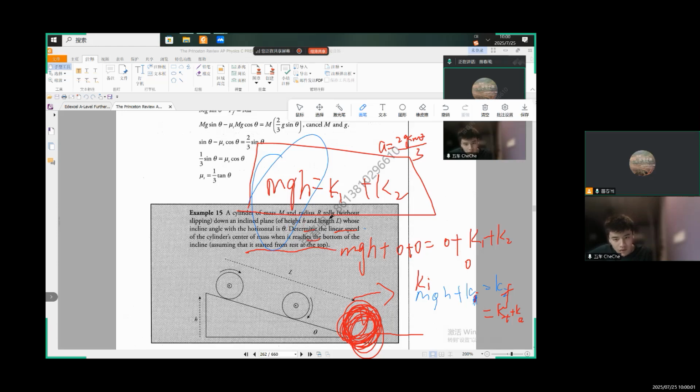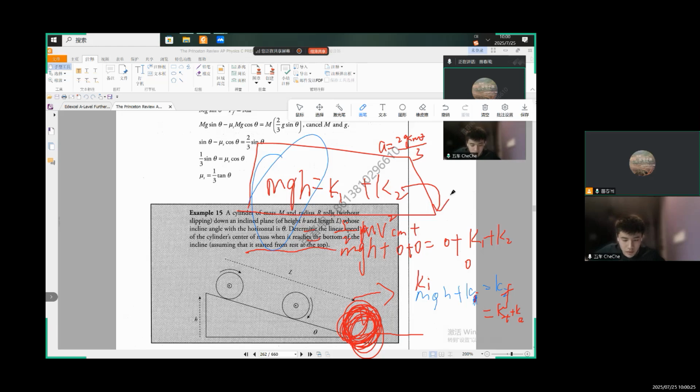So first, let's say translational. Translational is easy. It's 1 over 2 mv squared. Also, this one is the one that we want, right? And plus the rotational kinetic energy is what? Remember?